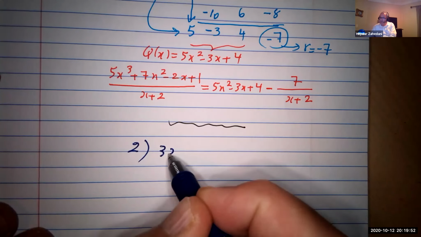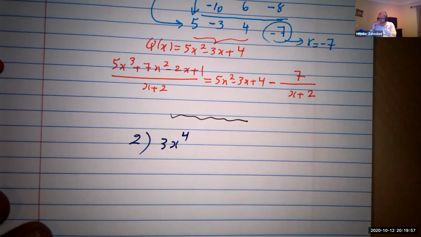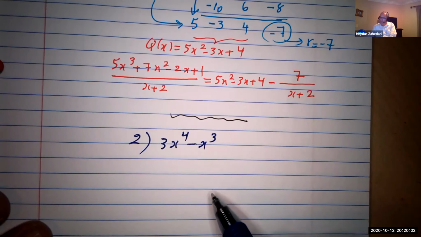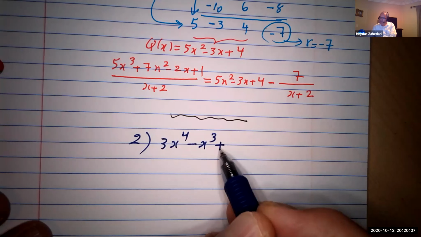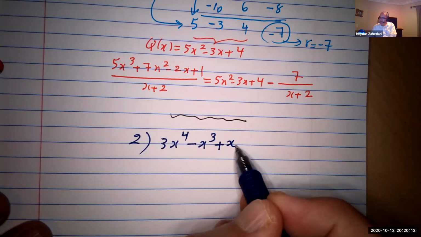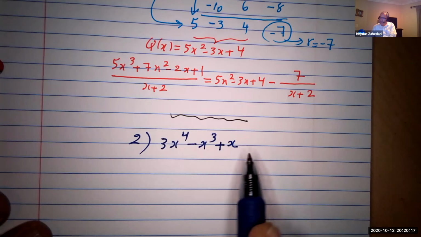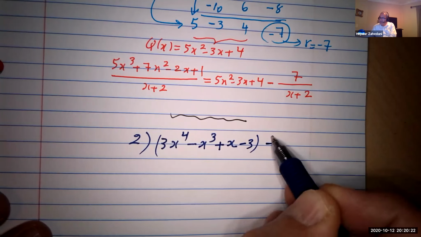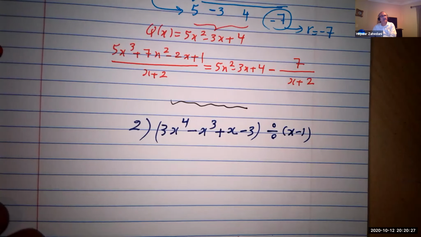How about 3x to the 4th minus x cubed plus x minus 3, and you want to divide it by x minus 1.